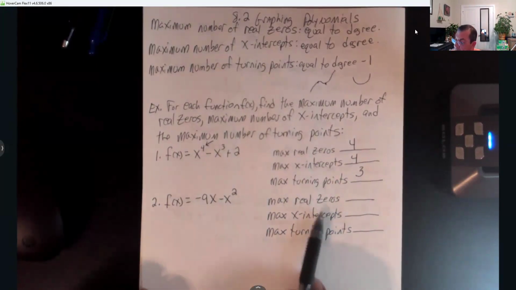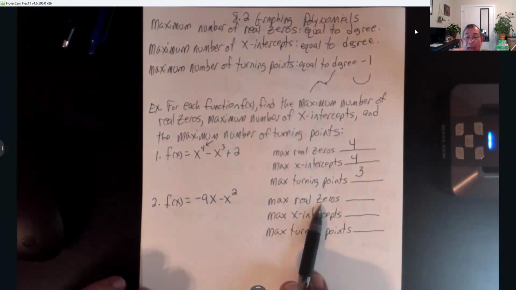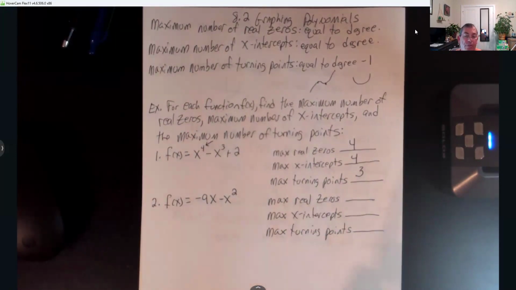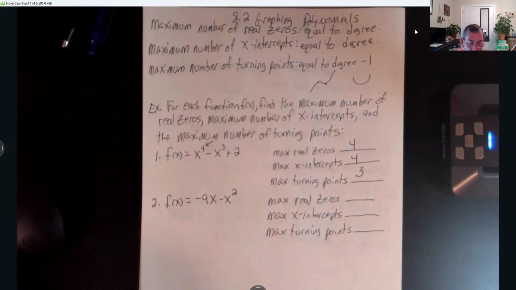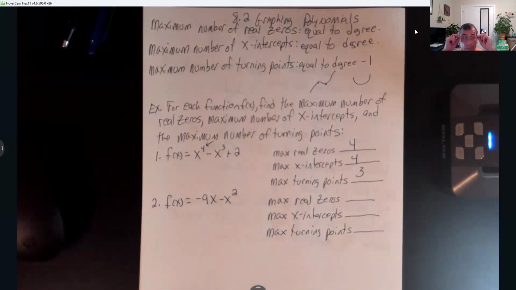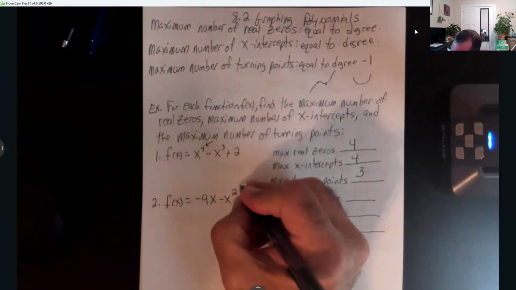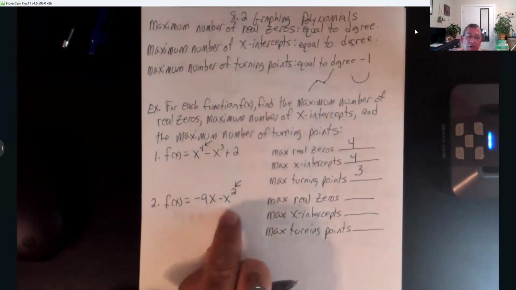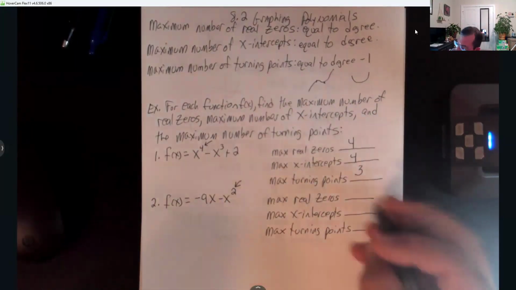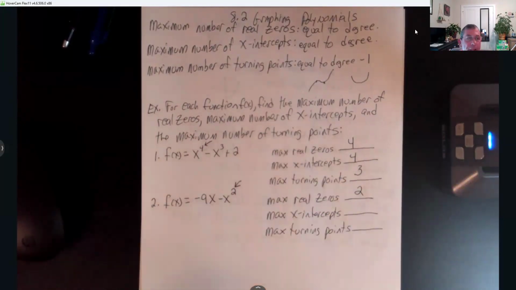All right, y'all, for this one, what would y'all say is my maximum real zeros? All right, so 2, because 2 is my highest exponent. Just watch out, they're out of order, okay? But 2 is my highest exponent, so that's my degree.